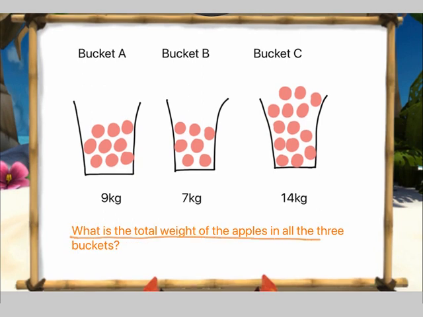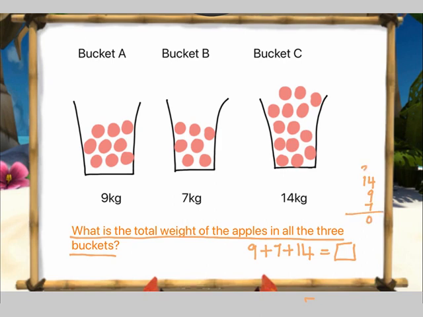What is the total weight of the apples in all the three buckets? Whenever you have to find the total, that means it's an addition equation. Okay, so to find the total, let us add all the values. 9 plus 7 plus 14 equals what? So let us add 14, 9 and 7.